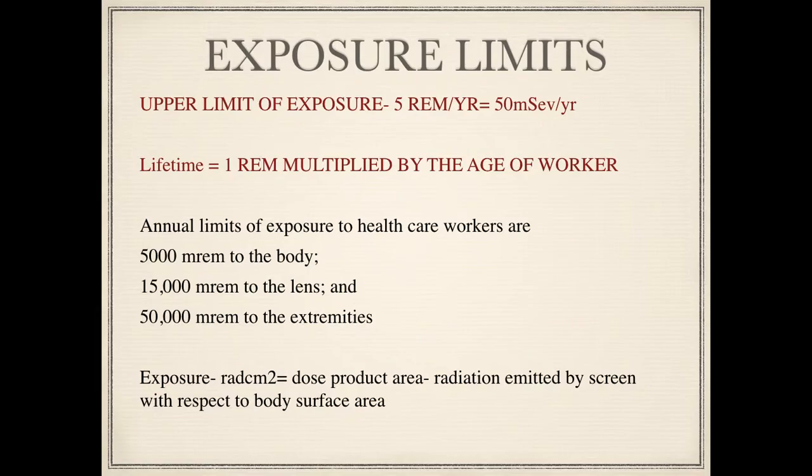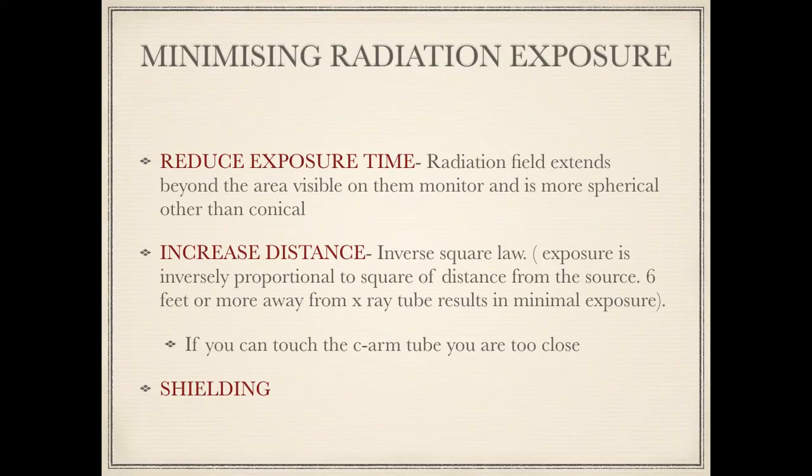So when we talk about minimizing the radiation exposure, there are a few things which we can do. Number one is reducing the exposure. When we talk about the exposure, it's important to understand the radiation does not just limit itself to the area which is visible on the X-ray image.